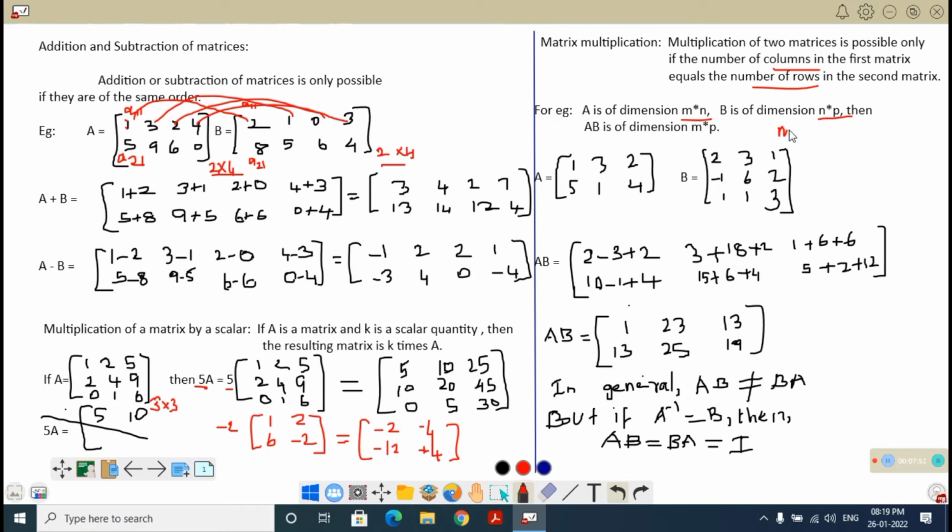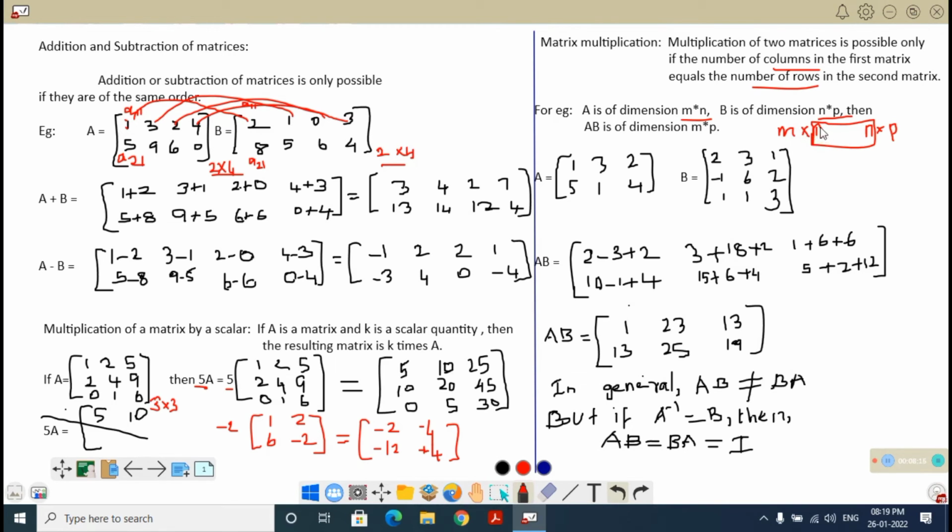So A is an M by N matrix, and the order of B, or dimensions of B, is N by P. If you multiply these two, the N should coincide.